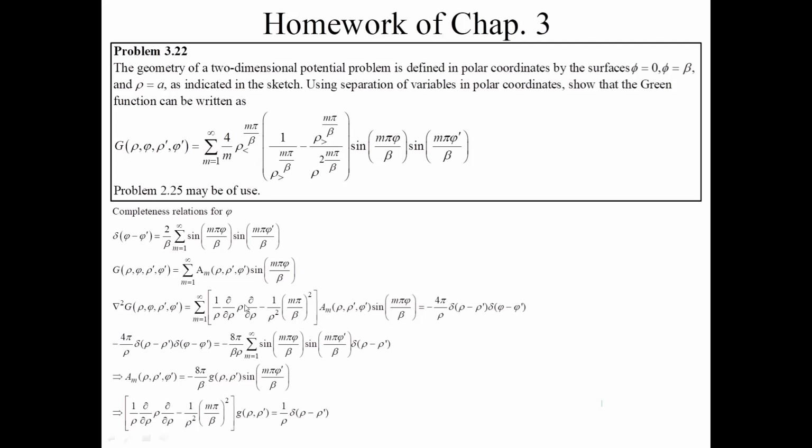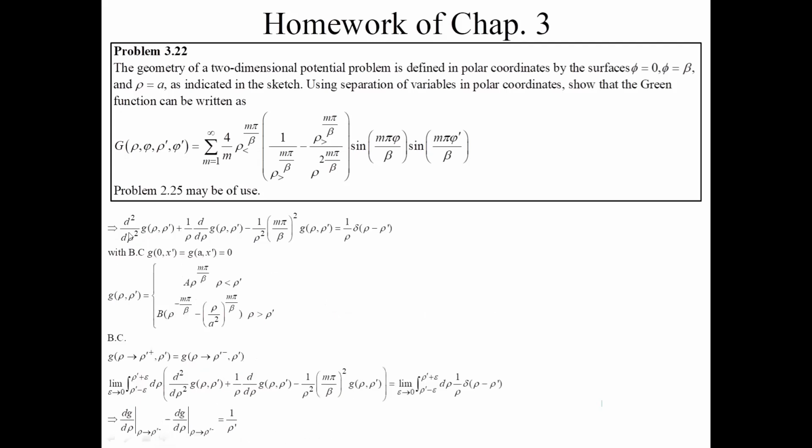As we define AM equal to this, the Laplace equation can be simplified to this relation. Here we just need to calculate this relation with the boundary condition: our small g function when r equals 0 and r equals a will both become 0.